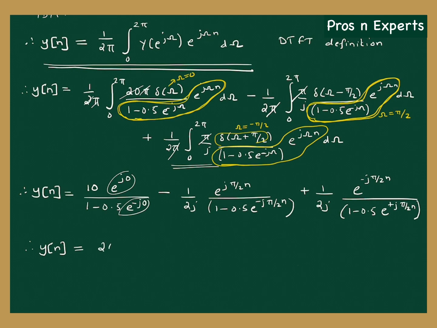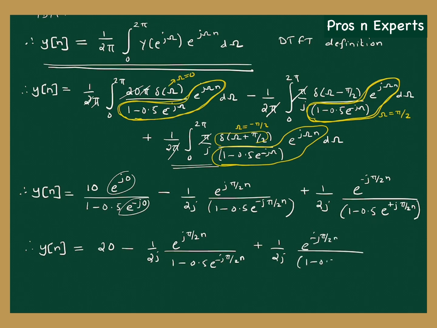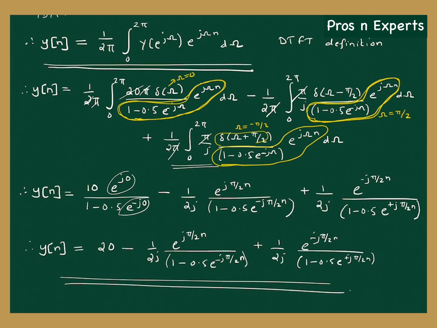So this is 20 minus, we cannot do much simplification here, so we can write it as 1 by 2j e raised to j pi by 2 n by 1 minus 0.5 e raised to minus j pi by 2 n plus 1 by 2j e raised to minus j pi by 2 n by 1 minus 0.5 e raised to plus j pi by 2 n. So this will be the final answer to the question.